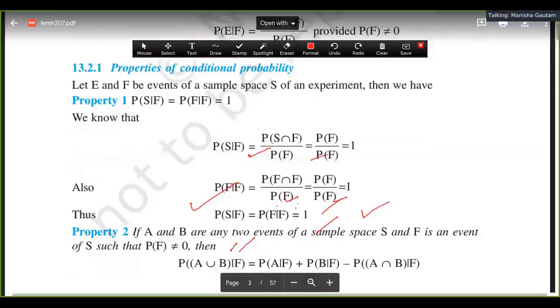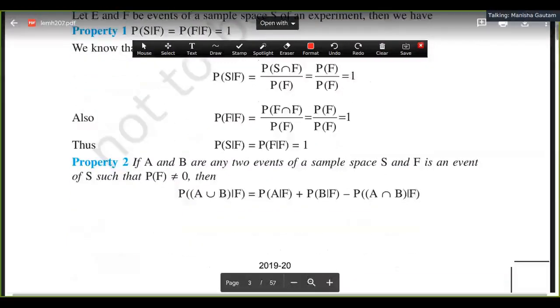Now property number 2. If A and B are two events of a sample space S and F is an event of S such that probability of F is not equal to 0, then as we know the formula, the number of elements in A union B is equal to the number of elements in A plus the number of elements in B minus the number of elements in A intersection B. We are applying the same property on the conditional probability concept.